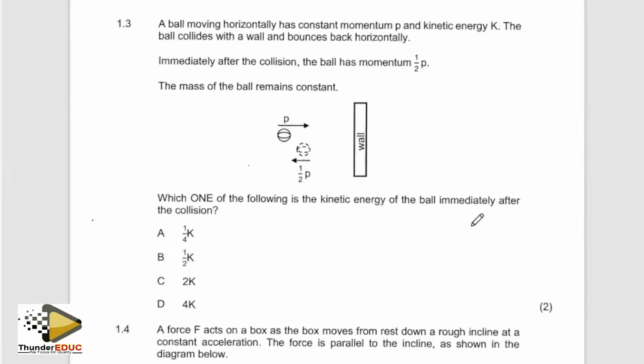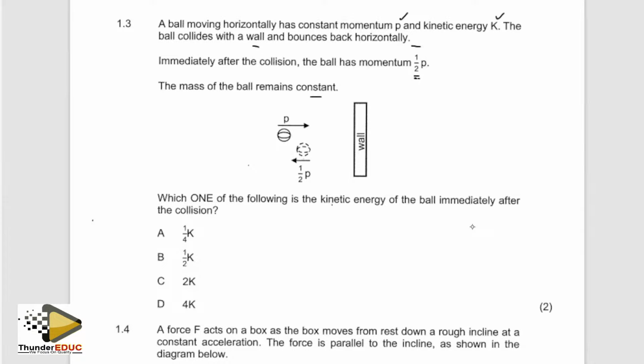If a ball that is moving horizontally has a constant momentum, and the kinetic energy is K, the ball collides with a wall and then bounces back horizontally. Immediately after the collision, the ball has half of the momentum, and the mass of the ball remains constant.